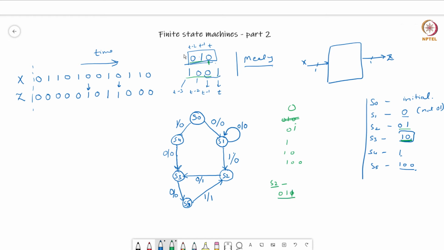Out of this 0 1 1, what would be the meaningful state? We can look at this sequence, or at this graph itself. With 0 1 1, no bit has matched for this pattern, and for this pattern only the first bit has matched. So it may be the start of the next sequence. So at S2, if the input is 1, then we are going to S4.